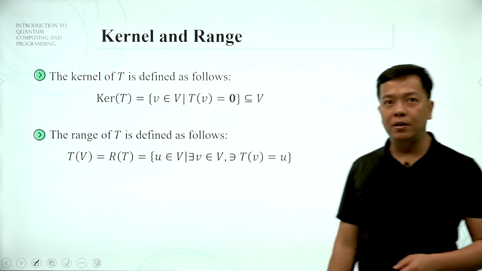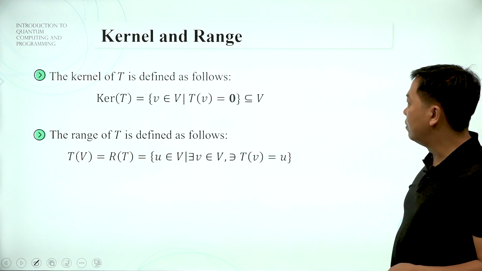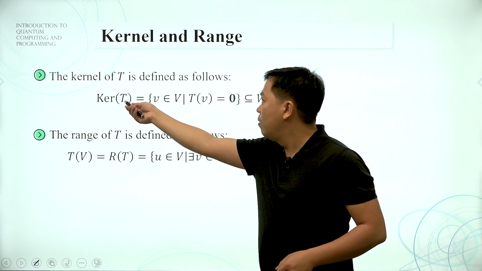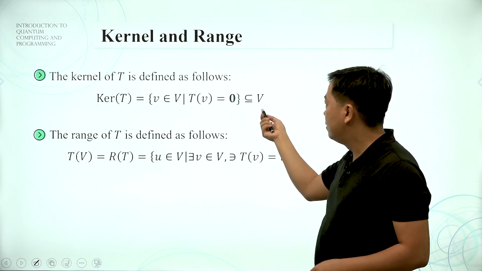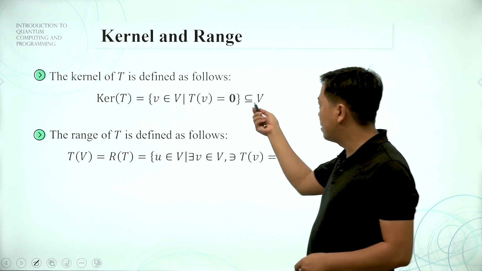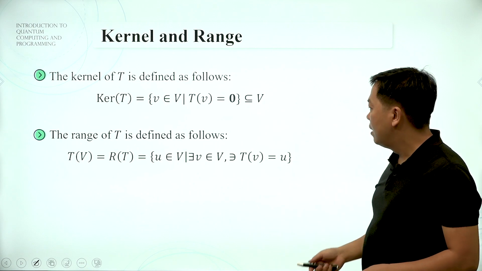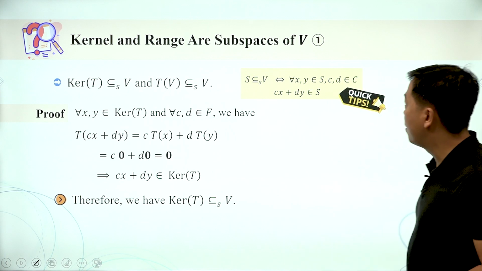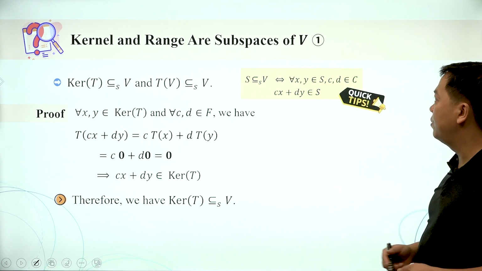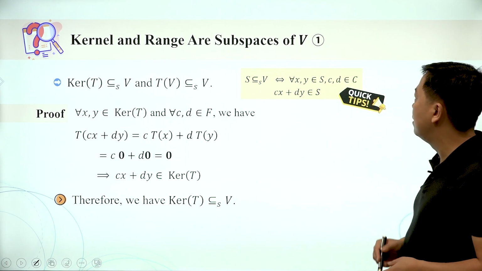And the kernel and the range: the kernel of the operator equal to 0 is a kind of subset of the vector space V. The range is similar, and with this formula we try to prove that the kernel and range are subspaces of vector space V.